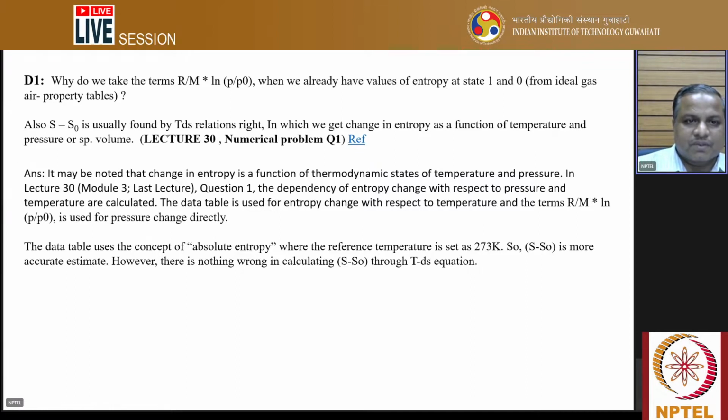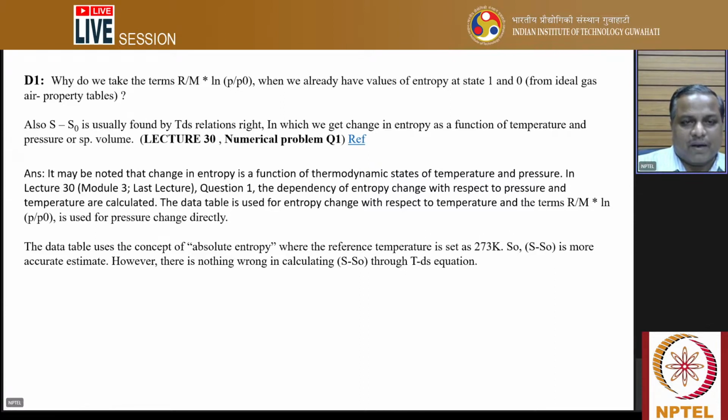But the learner's question was that for this entropy change, one can find out the entropy values with reference to TdS relations. That is also true, and we can do this exercise and try to see that based on these TdS relations and based on this concept of absolute entropy, how much difference we are getting.